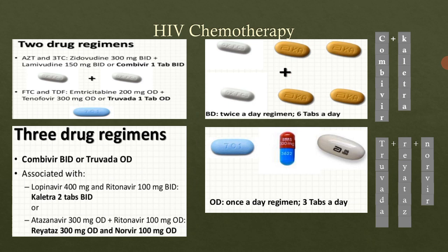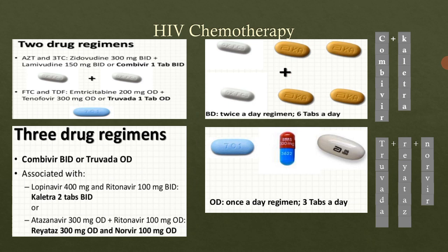Again, a second example: emtricitabine plus tenofovir. These are also two drugs that can be combined together as a two drug regimen for anti-HIV treatment.